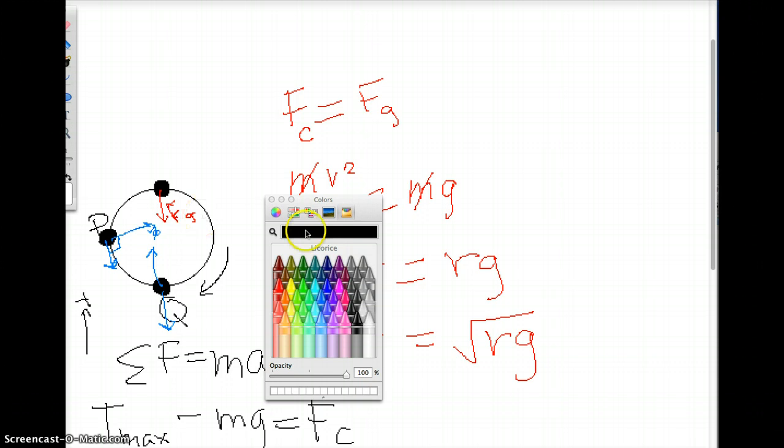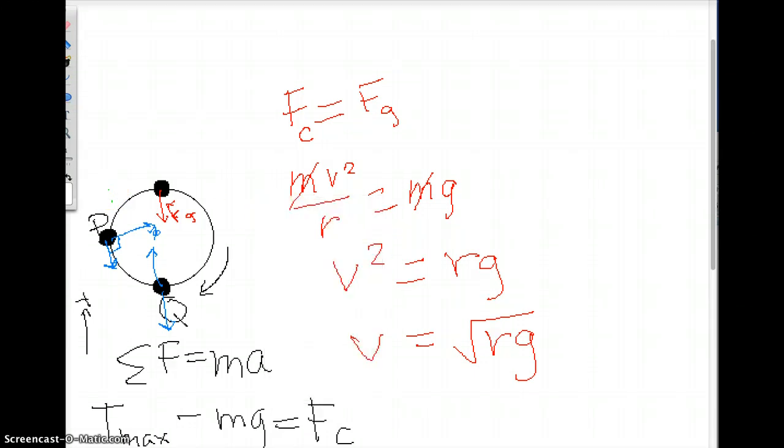The term just comes from knowing that the vector for velocity is tangent to the circle that it's making with its path. So its tangential velocity at this point can be represented with this green vector.